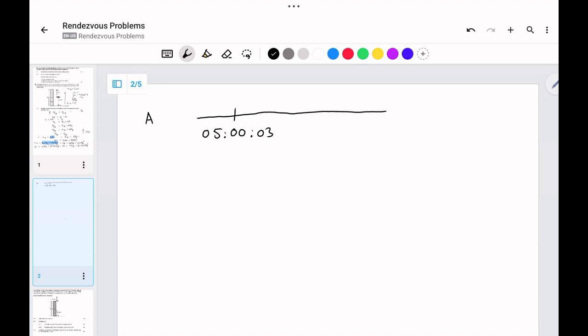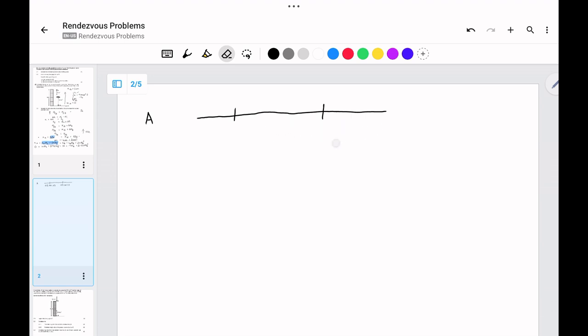We can read a time off like that, and then a little while later, let's say 10 seconds later, we would read this time. So that's what I mean by a timeline for A.